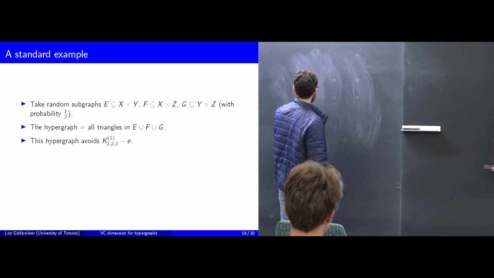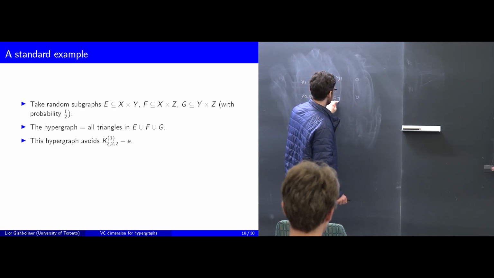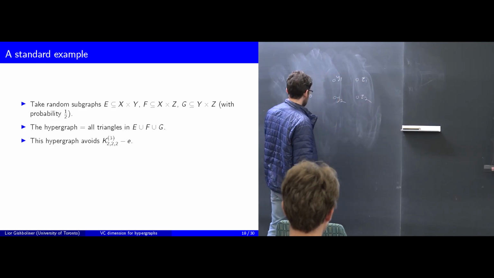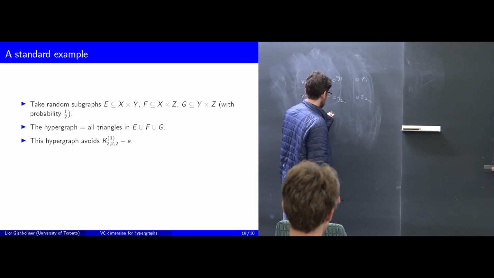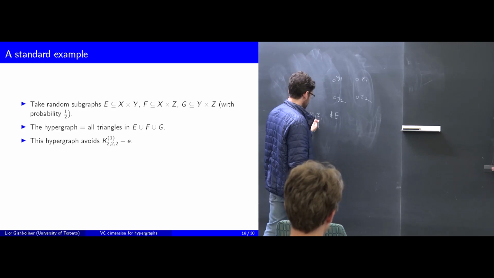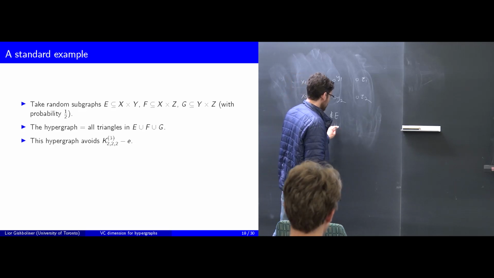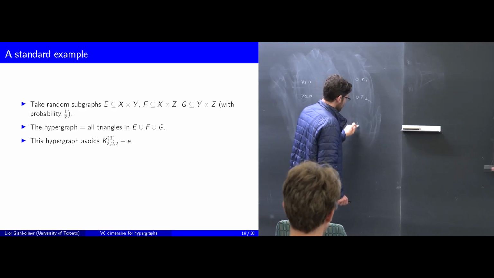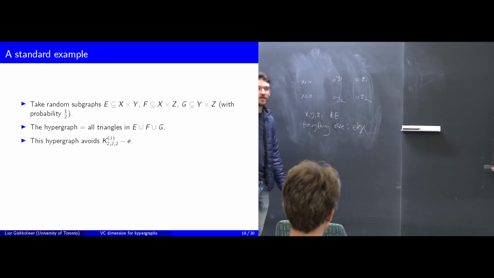So we have x1, x2, y1, y2, z1, z2. And x1, y1, z1 is not an edge, and everything else is an edge. So I claim that we cannot find this. Okay, so why can't we find this?